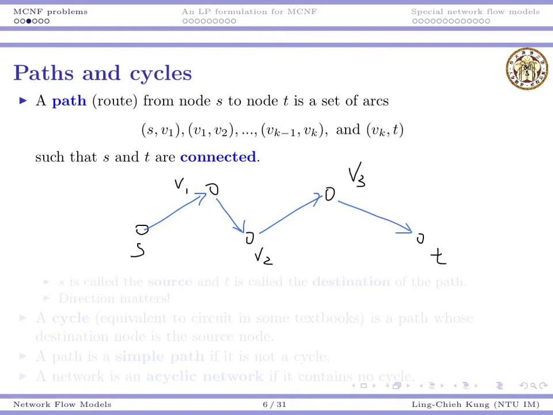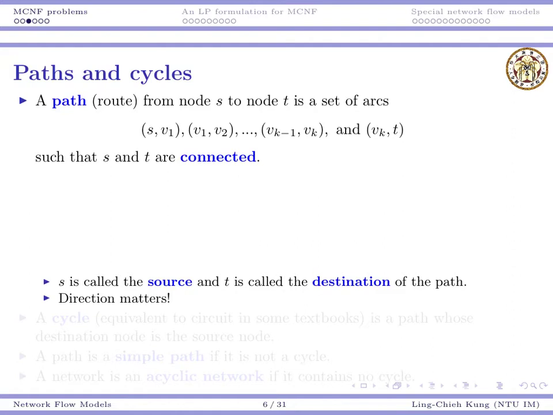Okay, so certainly this is just one path, and there may be a lot of different paths. Okay, so paths are just a set of connected arcs.